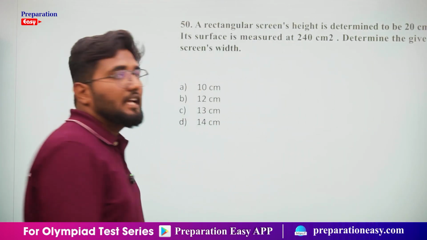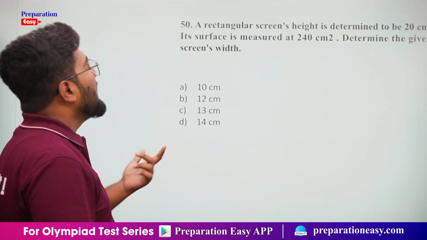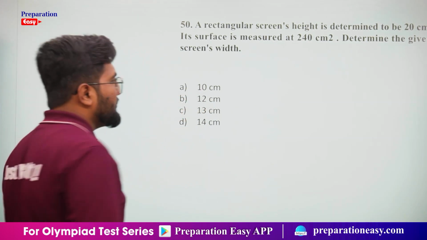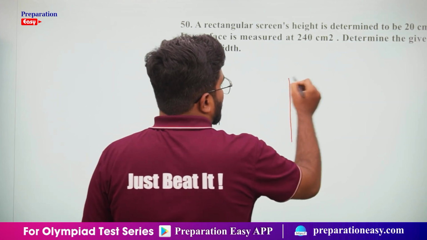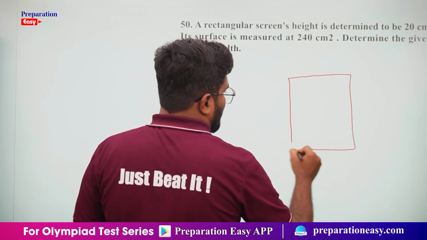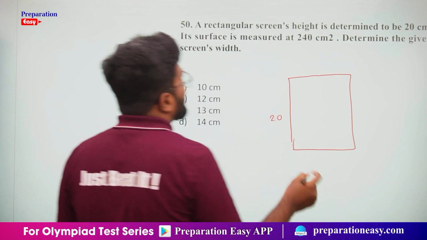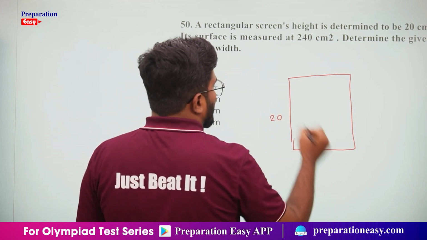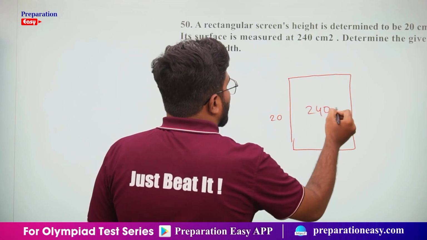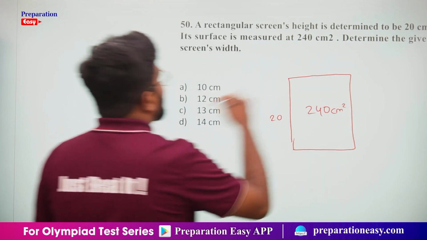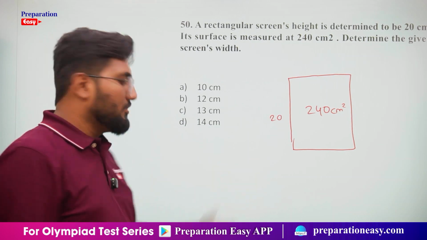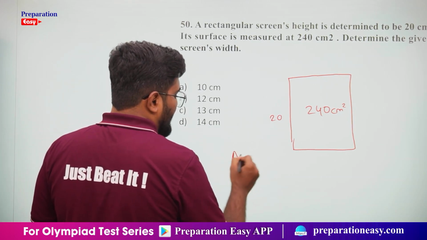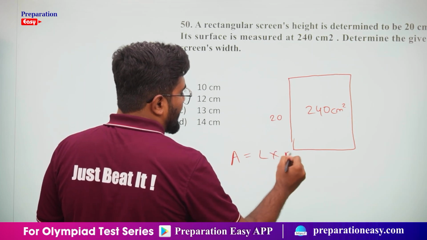This is our last question of today's video. A rectangular screen's height is determined to be 20 centimeters. Its surface area is measured at 240 square centimeters. Determine the screen's width. Area equals length into breadth.